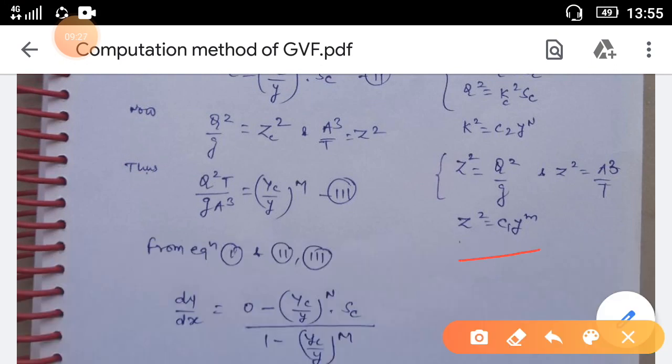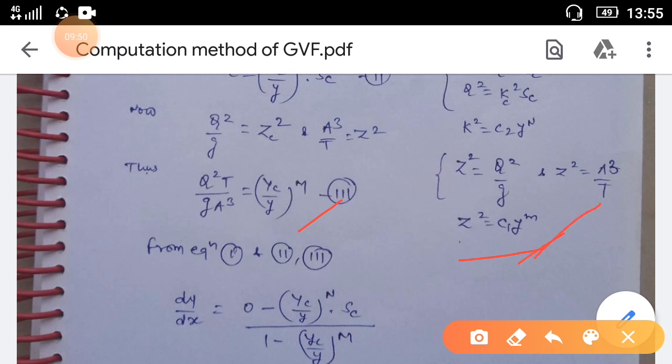So if we multiply, Q square by g is equal to A cube by T, we will get Q square T upon g A cube, and that is equal to (yc upon y) to the power m from here.